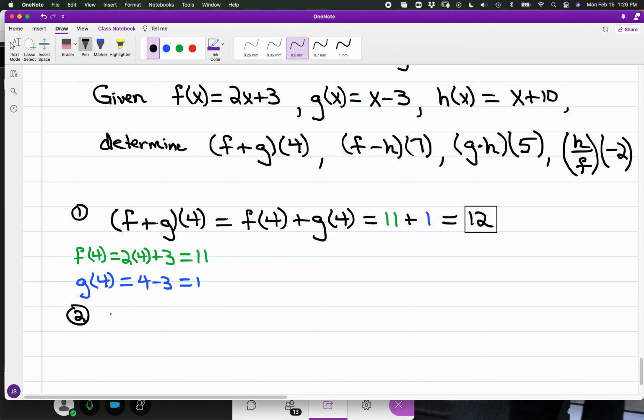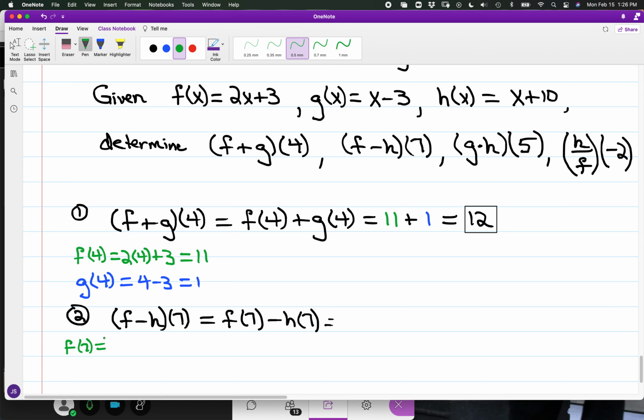Now for what we have in the case of f minus h of 7. So this is going to be f of 7 minus h of 7. So you have f of 7.